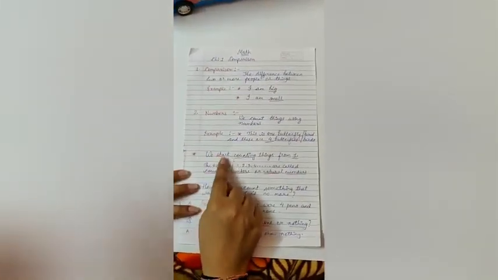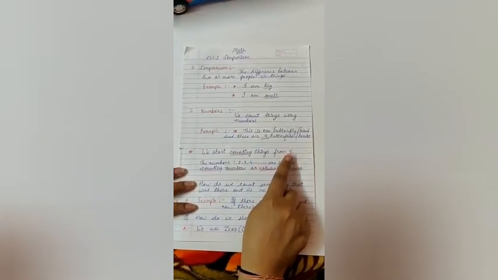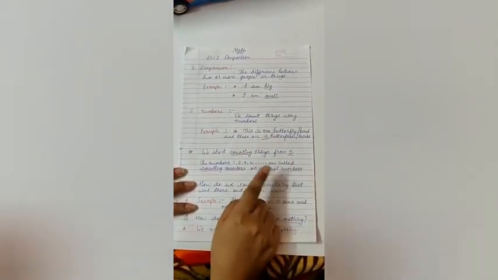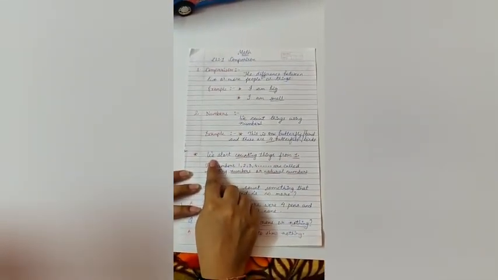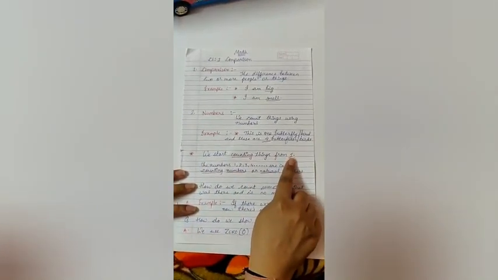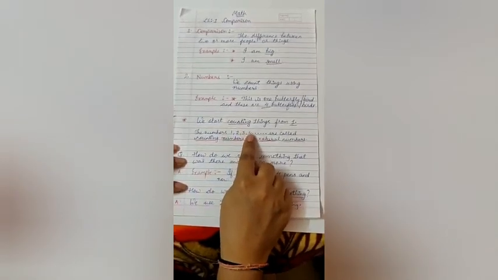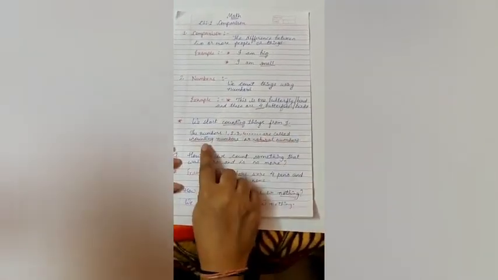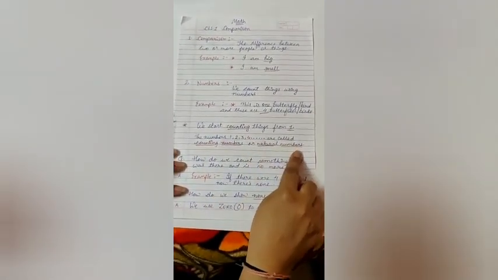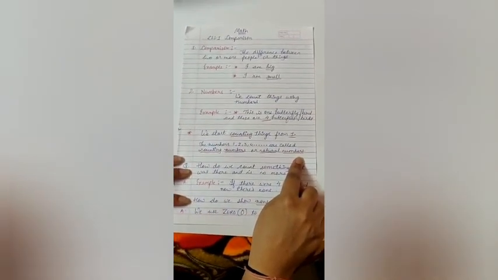We start counting things from number 1. Always remember that whenever we want to count anything, we should start counting from number 1. The numbers 1, 2, 3, 4 and so on are called counting numbers or natural numbers. Always keep this in your mind.